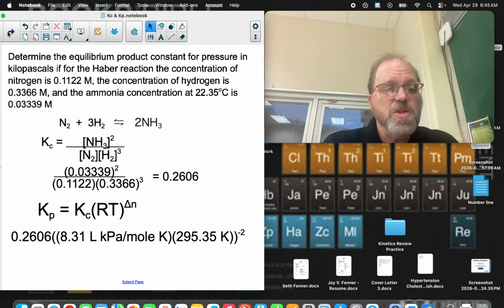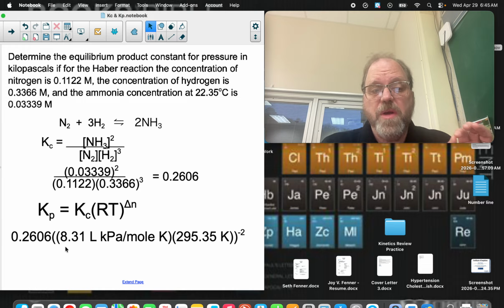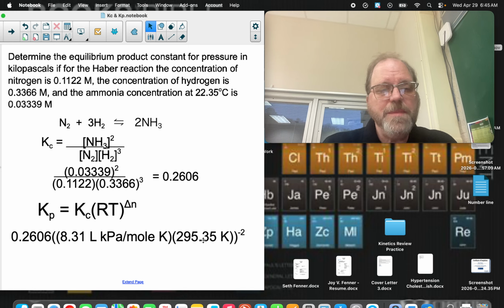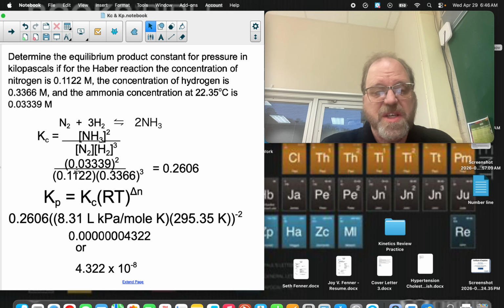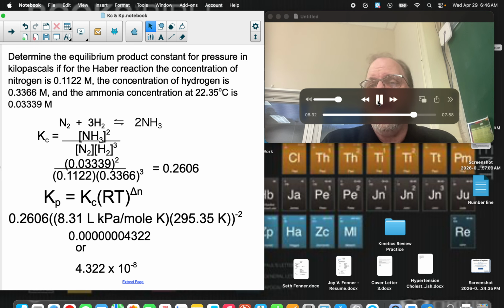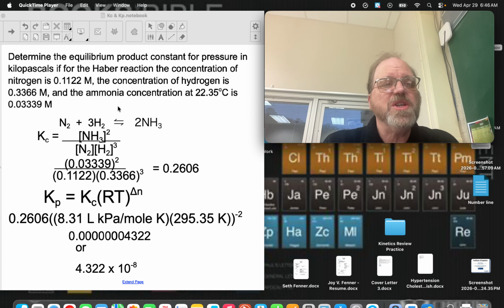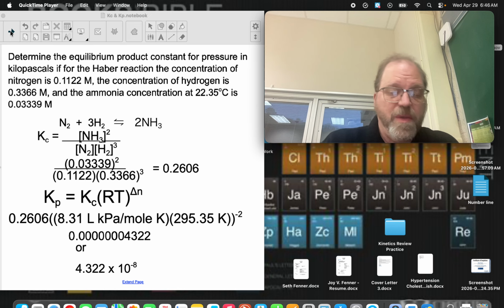So we're going to take the 0.2606 we just found, and we use 8.31, times 295.35, and when we do that, we're going to get 0.000004322. Six zeros, 4322. Actually, seven zeros, sorry. Hopefully not too bad.